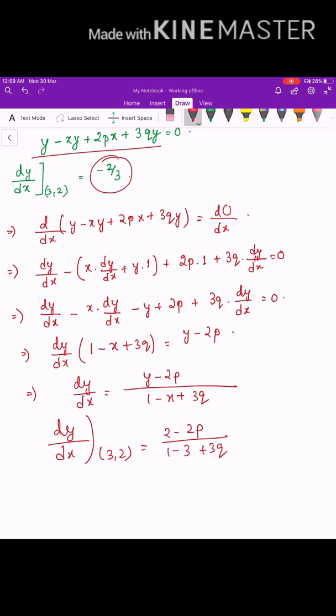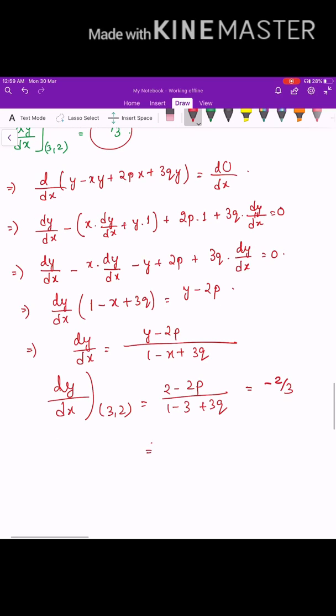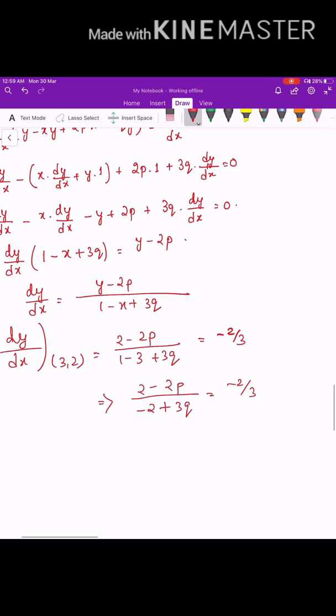It is given to be minus 2 by 3, right? So 2 minus 2p upon minus 2 plus 3q is equal to minus 2 by 3. So let us solve it further. This is what I get. p minus q is equal to 1 by 3.